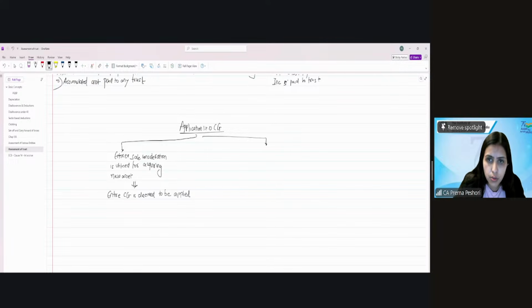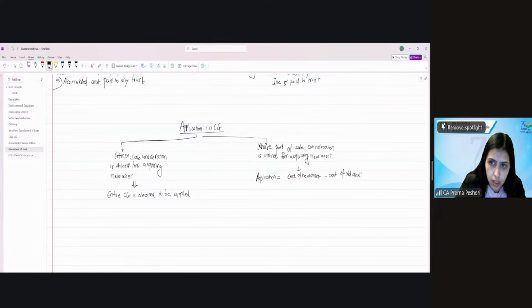And where part of the sale consideration is utilized for acquiring new asset, application will be cost of new asset minus the cost of the old asset. Are we clear? Yes.